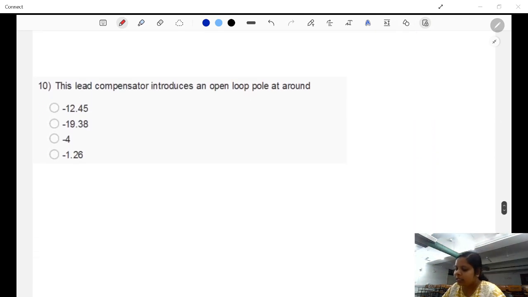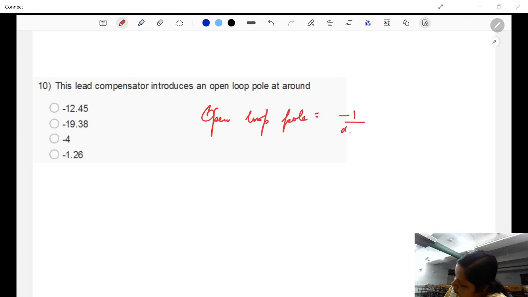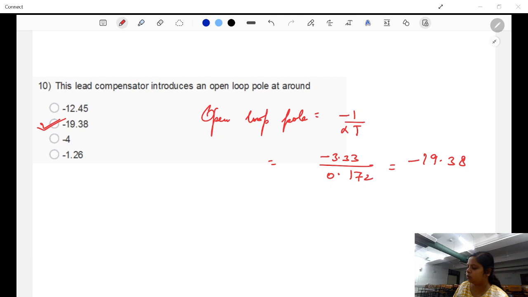Okay, where does it introduce an open loop pole? It introduces an open loop pole at minus 1 by alpha T. And if, from the last question, we found out the value of minus 1 by T, we can directly substitute it here upon alpha. So this is your pole, and you'll get it equal to this option.